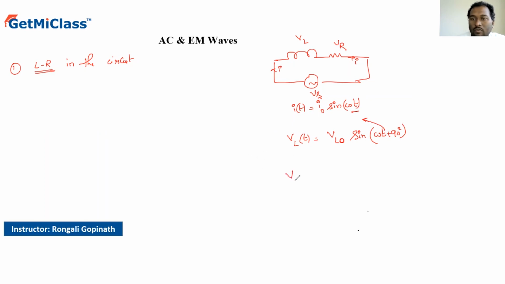And the voltage across the resistor as a function of time t is the maximum resistor voltage into sine of omega t. Why? For a resistor, the phase difference between current and voltage is 0. So here the phase is omega t, and over here also the phase has to be omega t, isn't it? Before plotting, we should know the maximum values, VL0 and VR0.